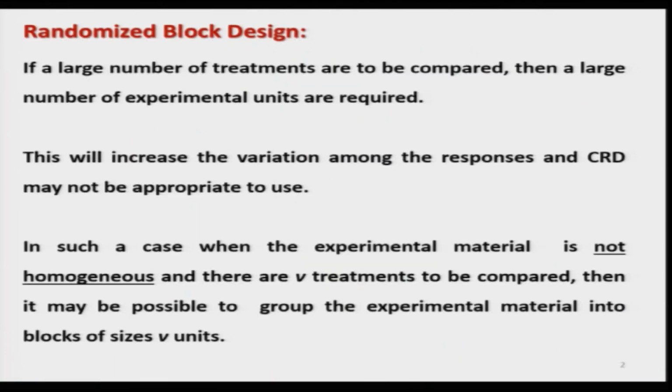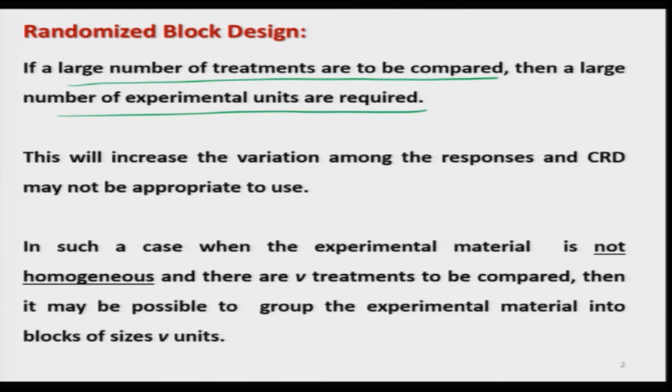Okay, so now you see that whenever we are trying to conduct an experimental design, we are essentially trying to test the different types of treatments, and we try our best that these treatments should be given to all the experimental units, right. Now, in case the number of treatments that we want to compare is large, then obviously a large number of experimental units are required.